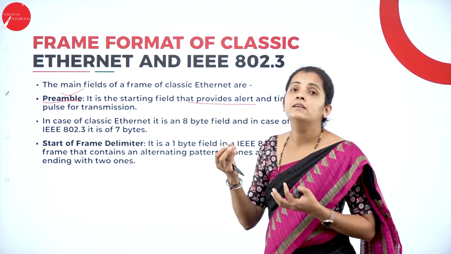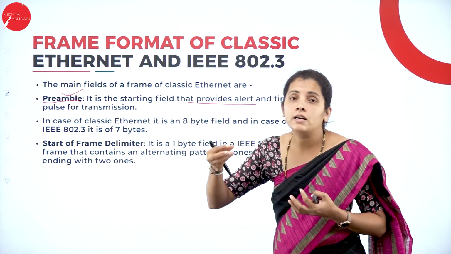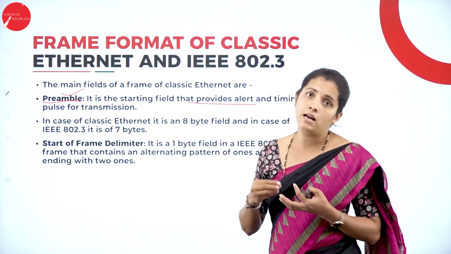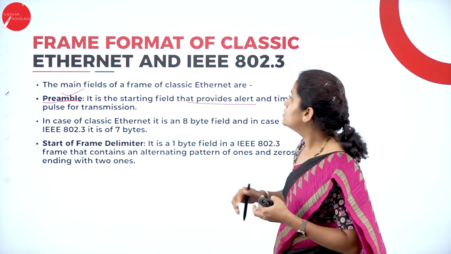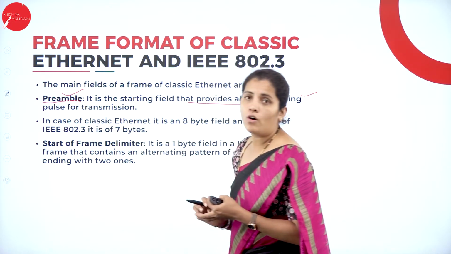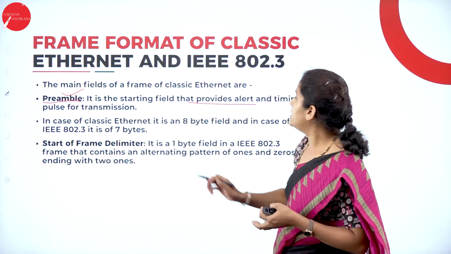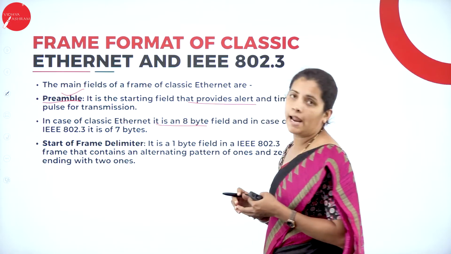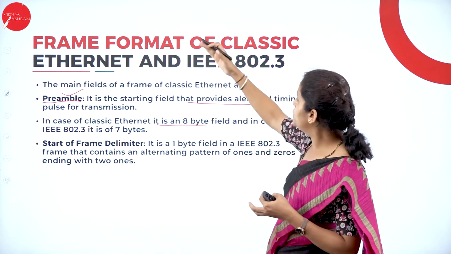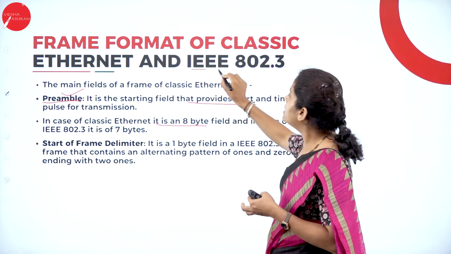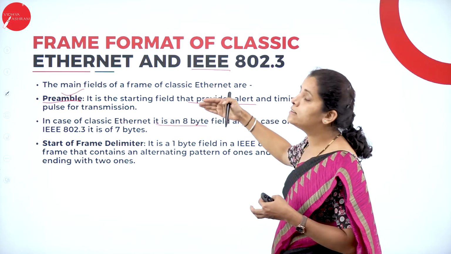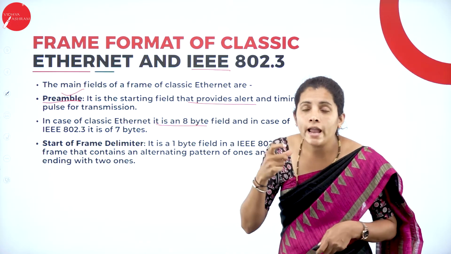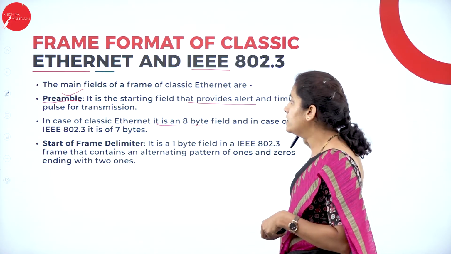We know that the frames are transmitted. The frames are synchronized by using clock pulse. So, in the case of Classic Ethernet, it uses 8 bytes. Suppose you are using IEEE 802.3, then the length is 8 bytes.